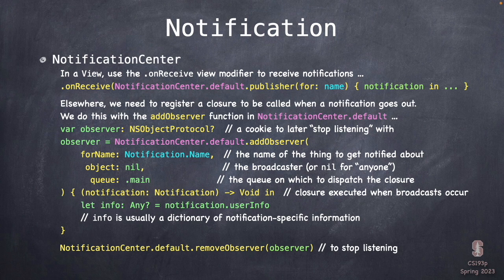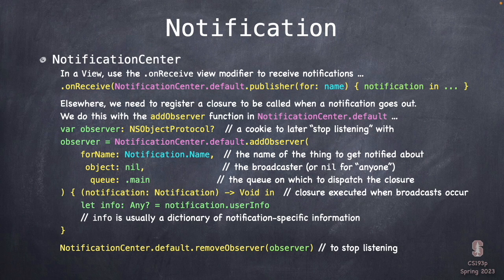And I told you I was going to tell you what was in it. Well, here's what's in it, this userInfo var. And this userInfo var is very unfortunately a dictionary where the keys are basically hashable things, hashable strings usually, and the values can be Anys. They can be an Any, which means you have to use as and is. Ugh, what a mess. Luckily, again, this stuff is old.